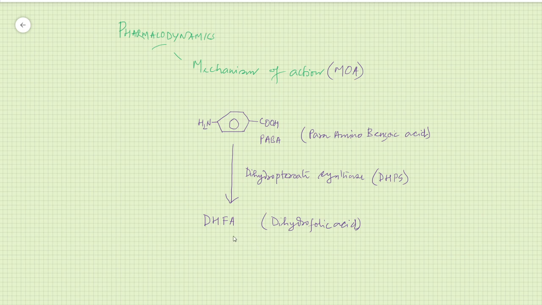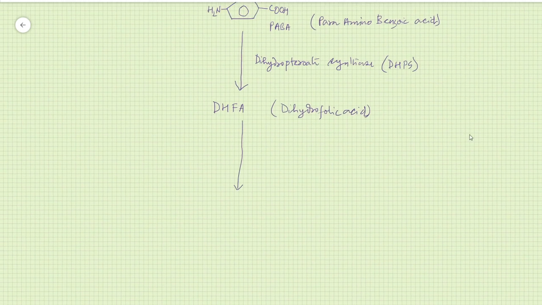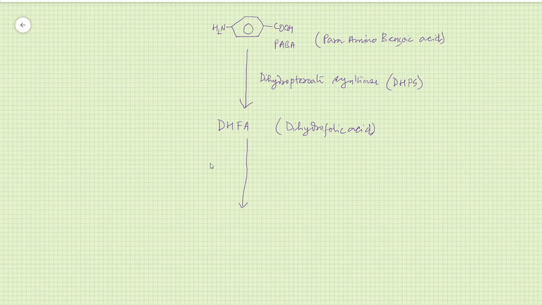Now, dihydrofolic acid is then acted upon by another enzyme, dihydrofolate reductase, into tetrahydrofolic acid.